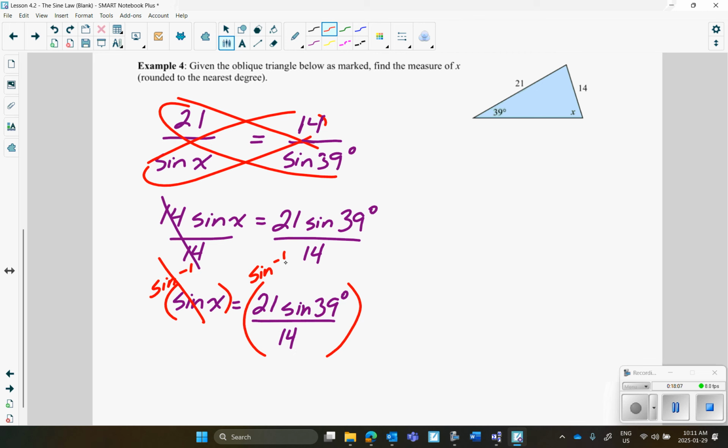It all depends. What I usually do, because I can use the previous answer, is I just do 21 times sine 39, divide that by 14, and I get an answer, and then I do the sine inverse of that answer.